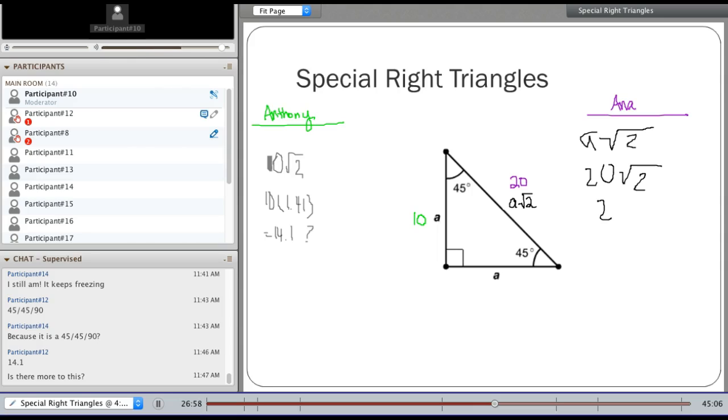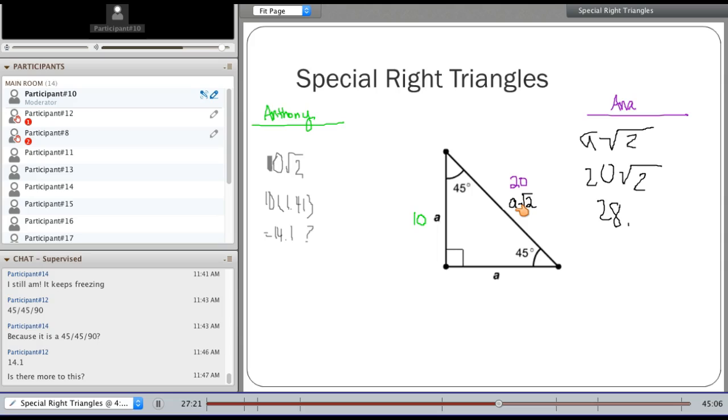Okay, hang on one second, Anna. Careful. We don't know. What do you know? If we have 20 right here, is that equal to A? Think about what if the 20 and the square root of 2 are both on the hypotenuse.